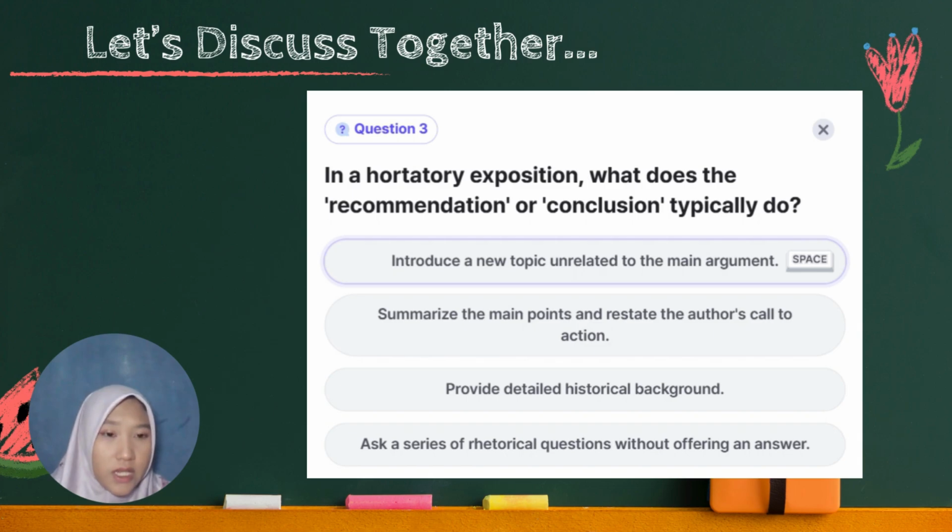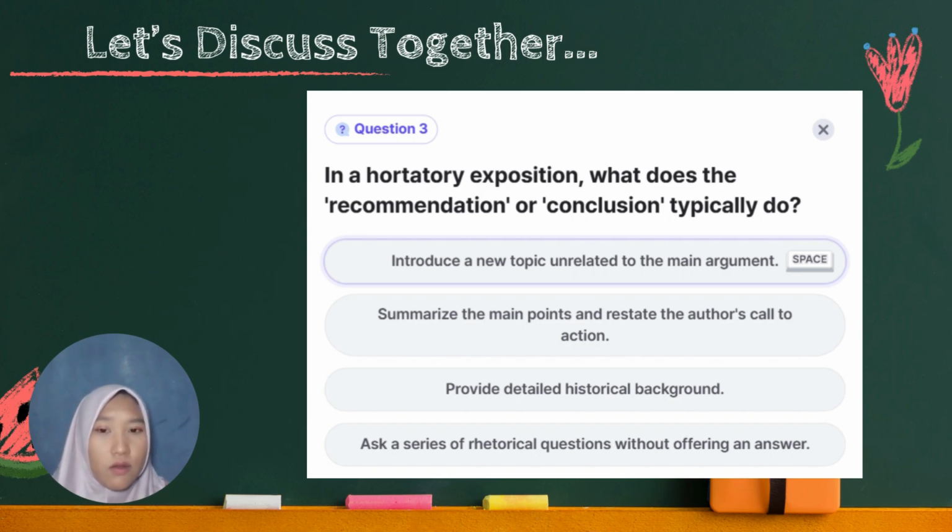Question number 3. In a hortatory exposition, what does the recommendation or conclusion typically do? So, the recommendation is the part that differentiates the hortatory from other texts. Let's check the options one by one. Option 1, introduce a new topic unrelated to the main argument. Is that correct?